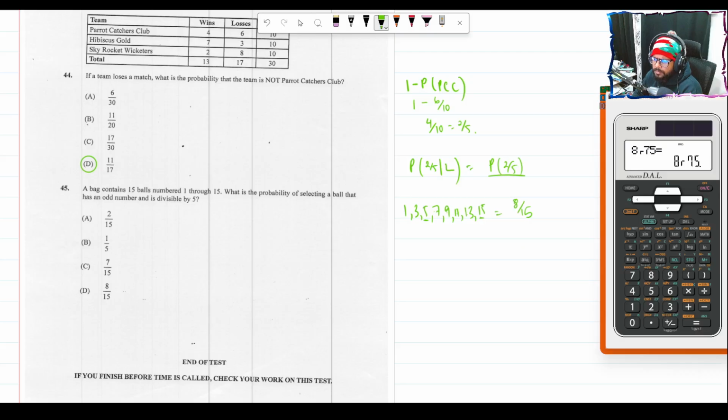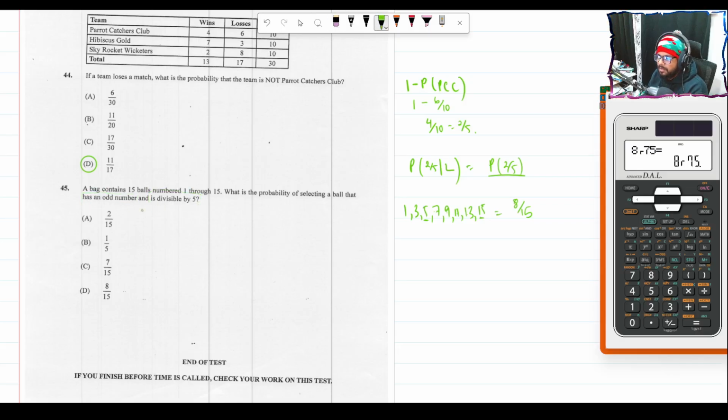Now, the wording of this question is throwing me off a bit. What is the probability of selecting a ball that has an odd number, and one of those odd number balls is divisible by 5?